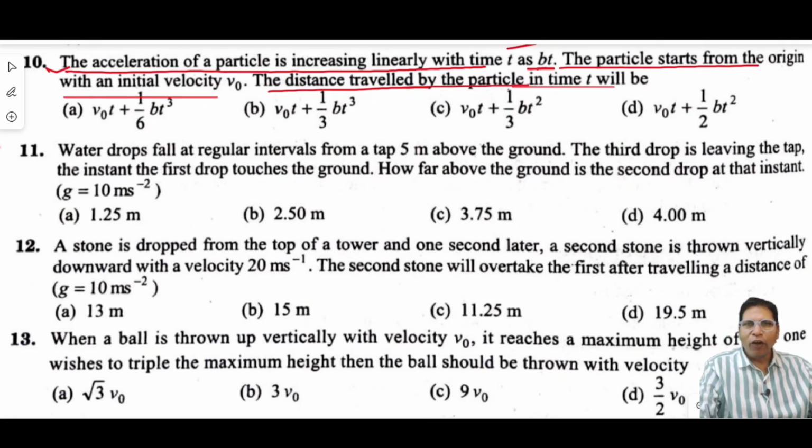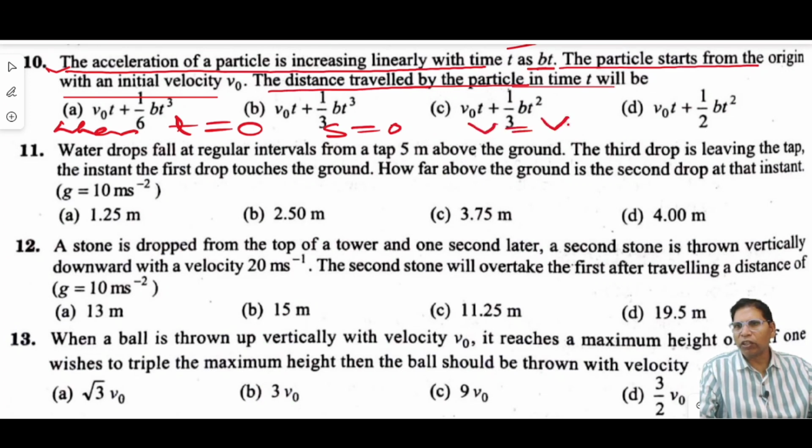When t equals 0, s is 0 and v equals v naught. We have to calculate the displacement. Now we have to calculate the distance traveled by the particle.